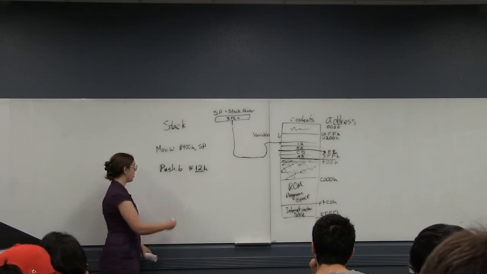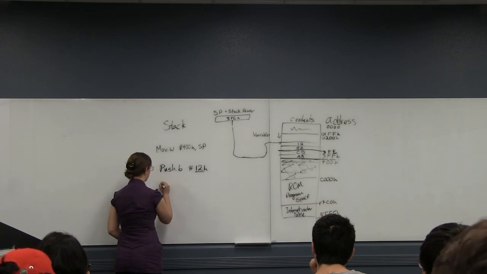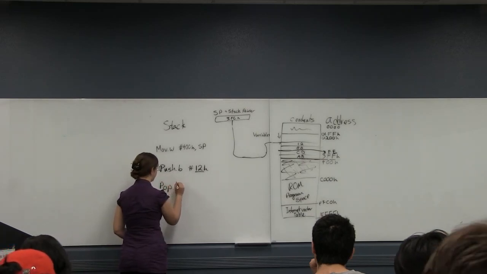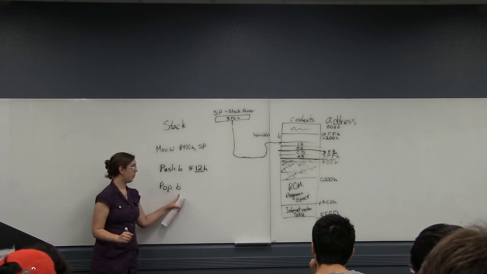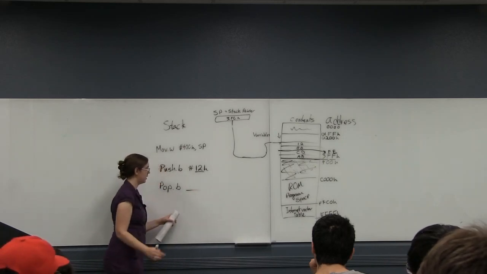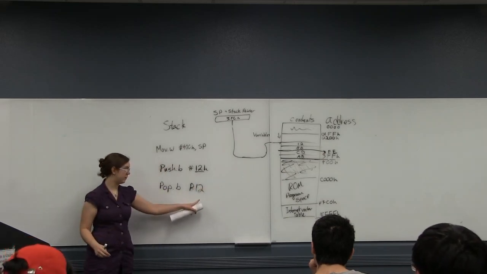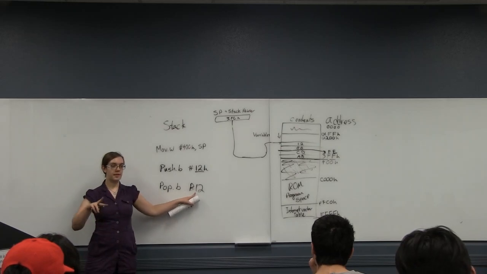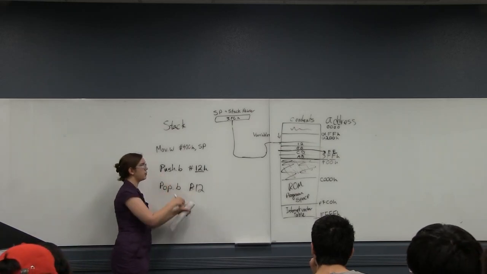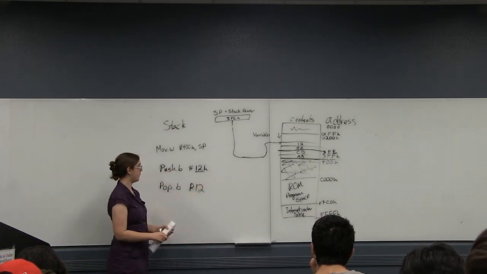So that when you want to pop, you know that you're only going to get 8 bits in wherever location, let's say R12, register 12. The opposite of the push command, which puts stuff onto the stack, is the pop command.